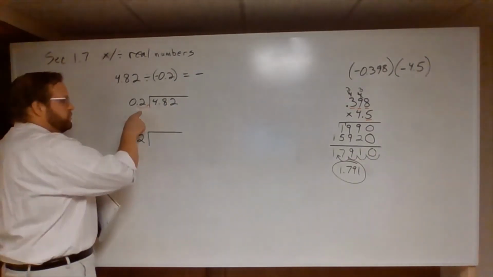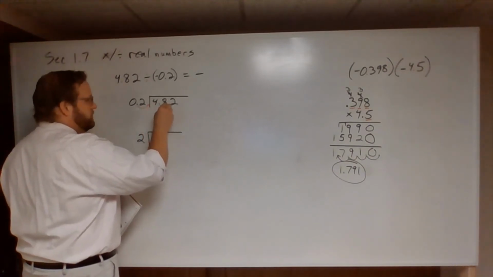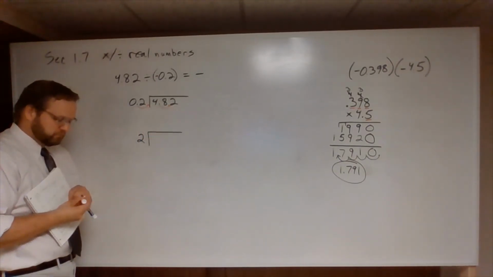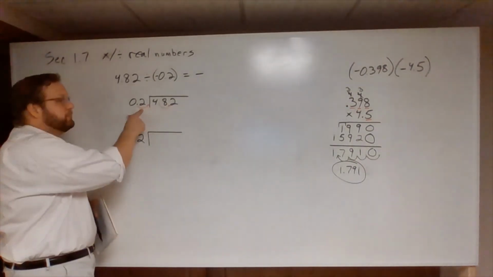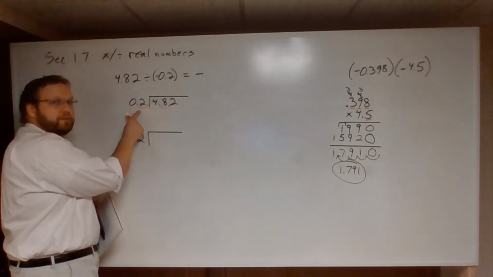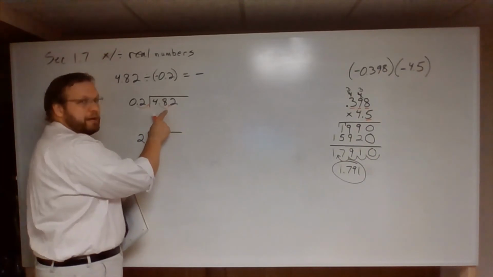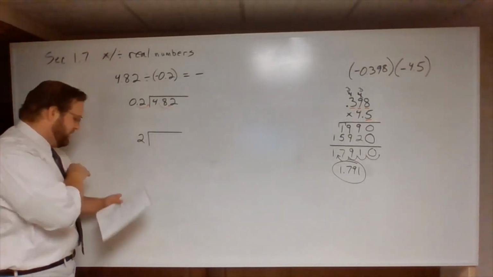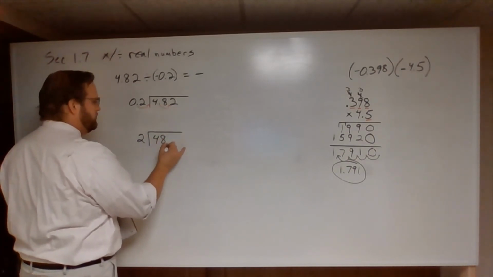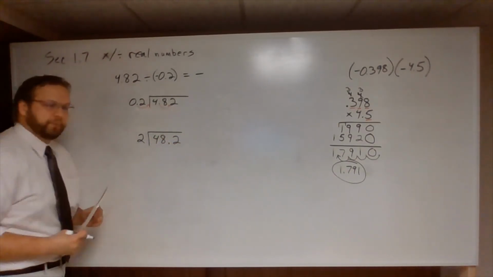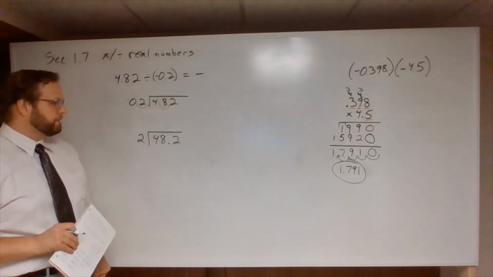But if I move this one spot, I got to move that one spot. So how many ever spots I move it here, I move it the same amount of spots over here. So now that turns into a 48.2.